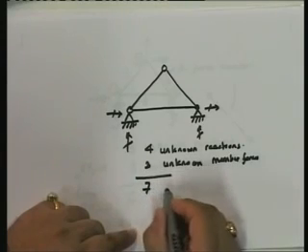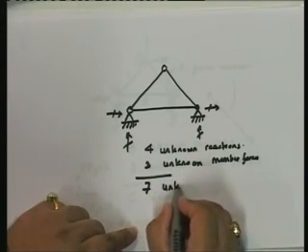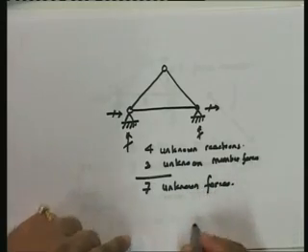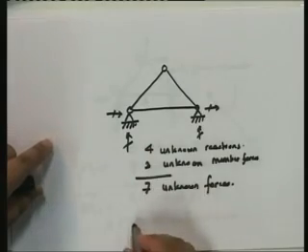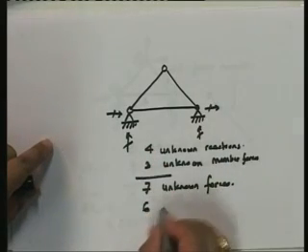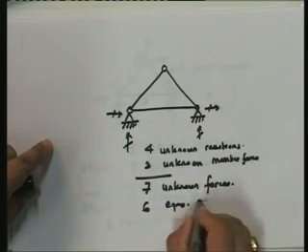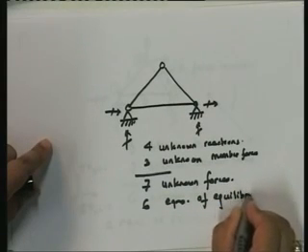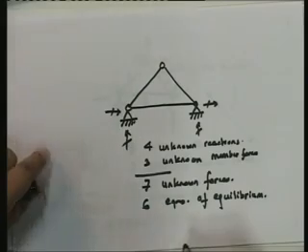So therefore we have a total of 7 unknown forces, and remember, exactly the same structure, so we only have 6 equations of equilibrium. What happens now?